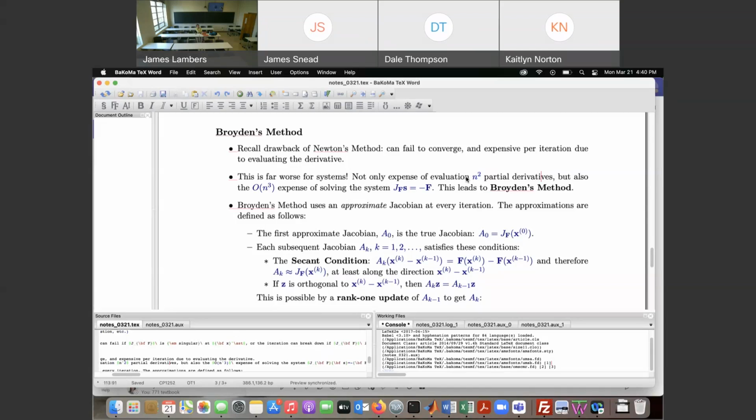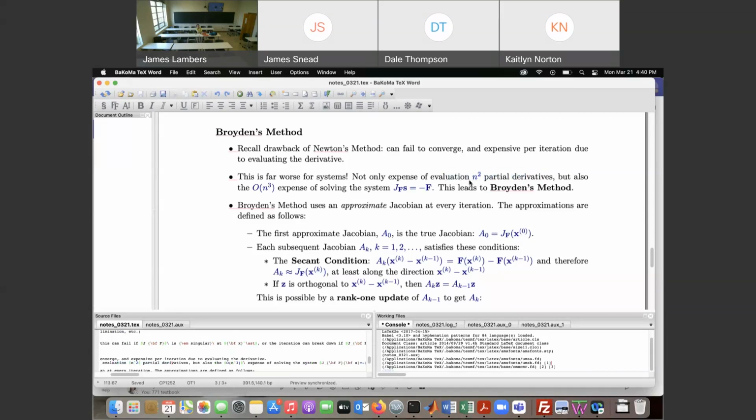You're approximating each partial derivative of a component function with respect to the appropriate variables by taking a difference quotient involving a component function of f in the numerator, and in the denominator the difference of two individual components of xk and xk minus 1. And that might help you here in reducing that expense.